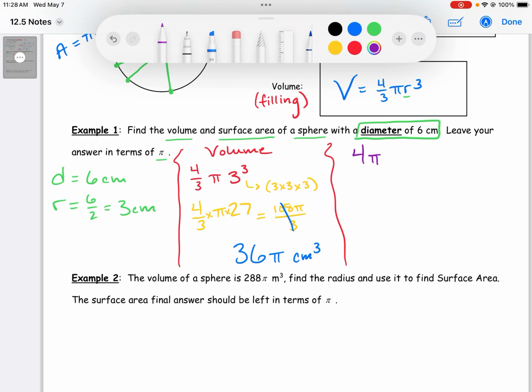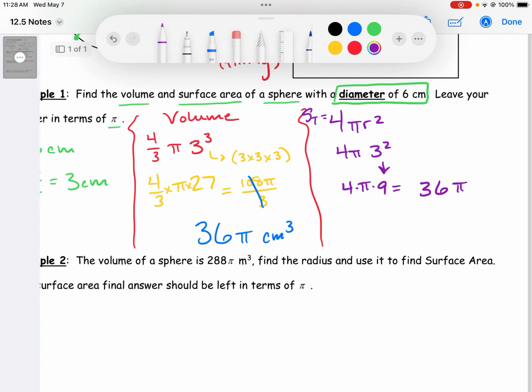All right, let's move to the surface area. The surface area is 4 times pi r squared. So we have r, it's 3, and we're going to square it. So 3 squared is 9.